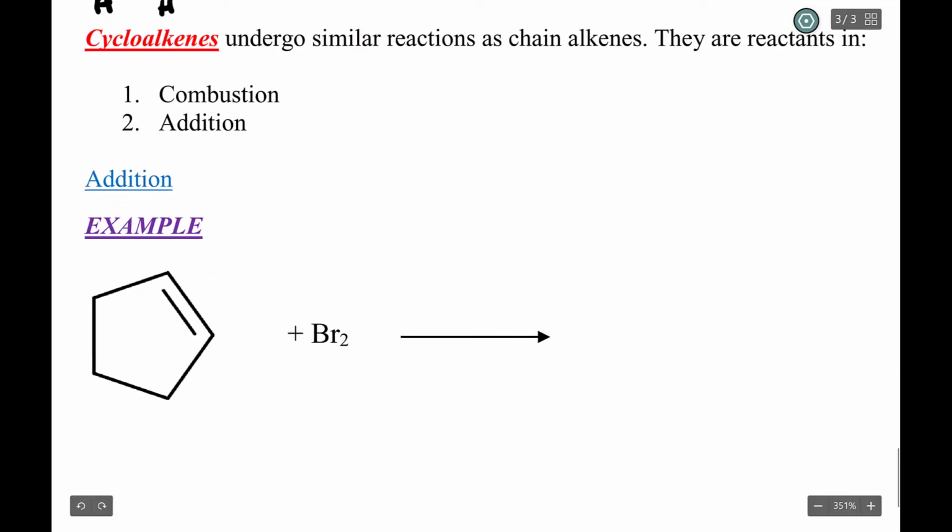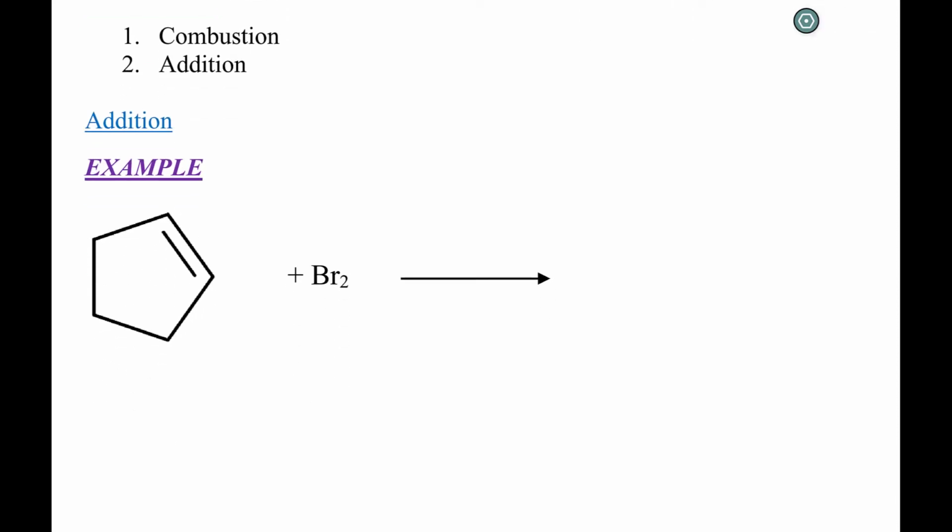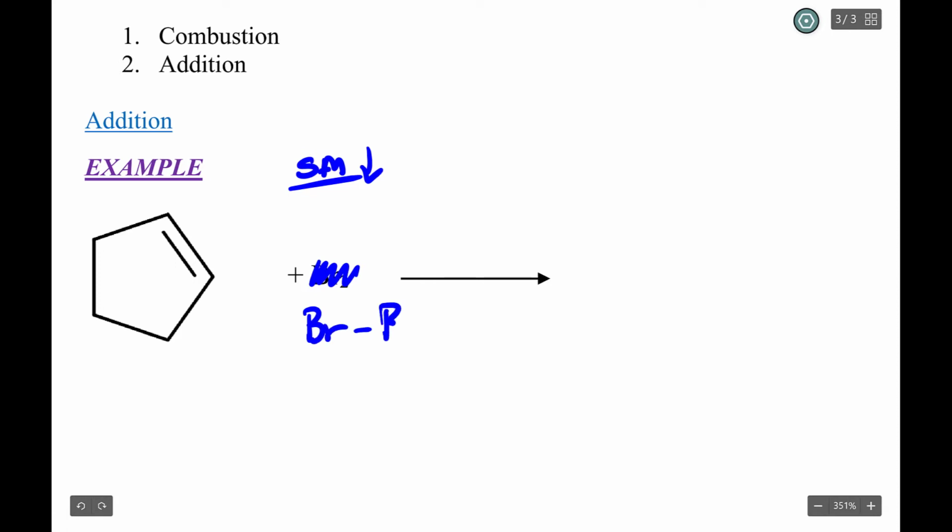So in an addition reaction, what we're doing is we're adding a small molecule, and in this question here, the small molecule is the Br2 into the double bond, where 1/2 of the small molecule goes to 1 carbon and 1/2 goes to the other. So again, what I'm going to do here is I'm just going to scratch this out, and I'm going to call it Br in 2 different colors so that you can see where everything goes.